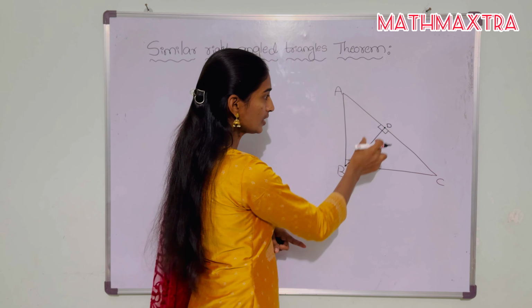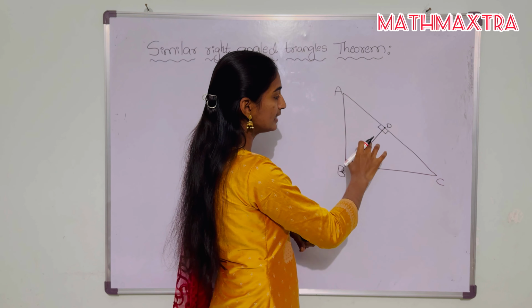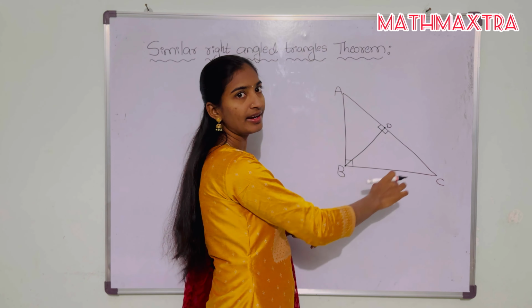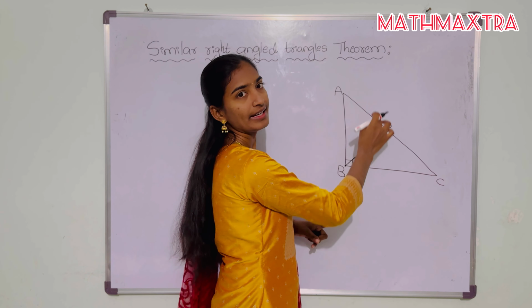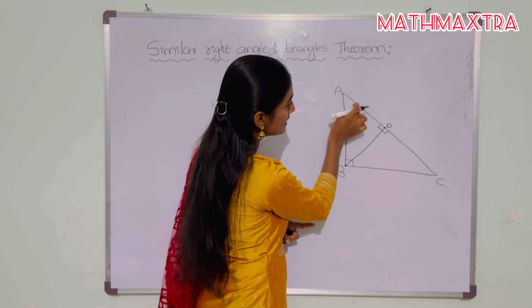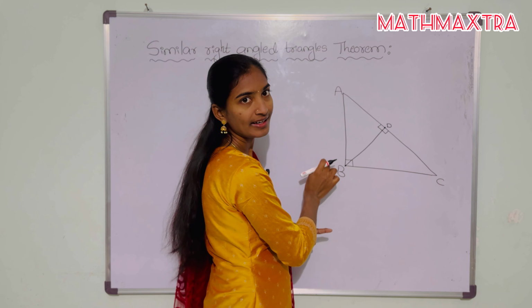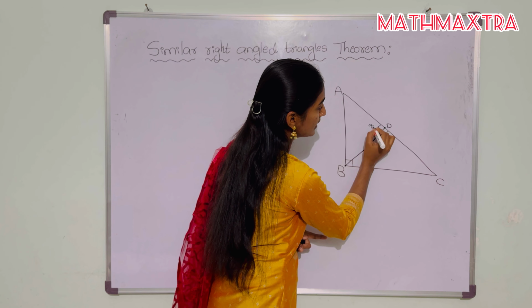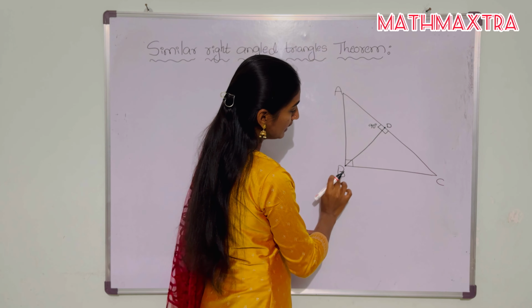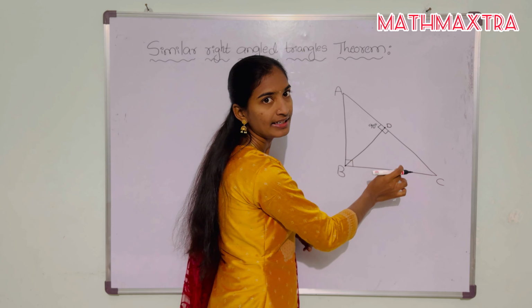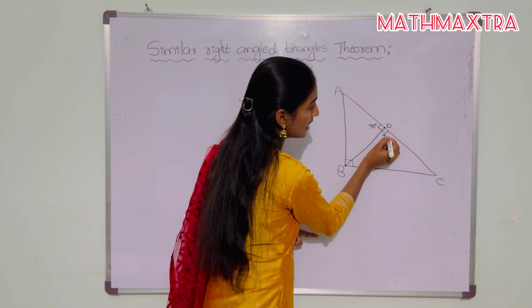So this perpendicular is dividing the triangle into two more right angle triangles. See, this ADB is one right angle triangle, because this is 90 degrees. And BDC is another right angle triangle because this is 90 degrees.